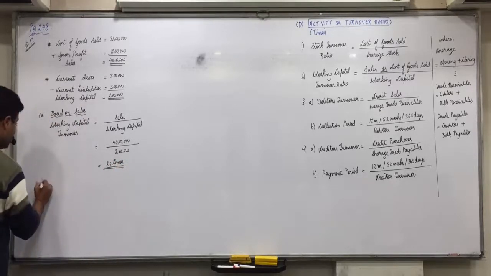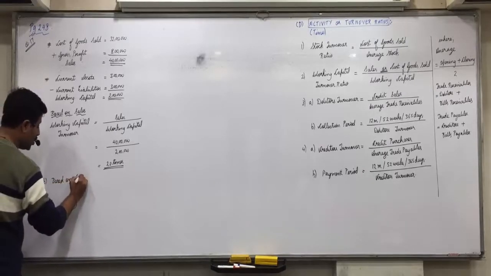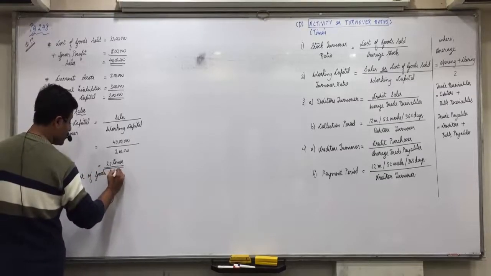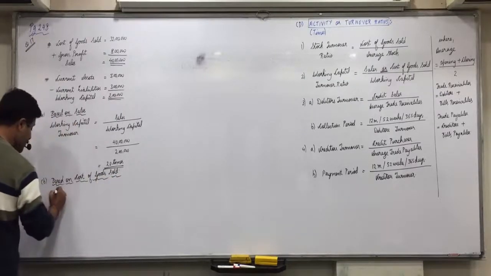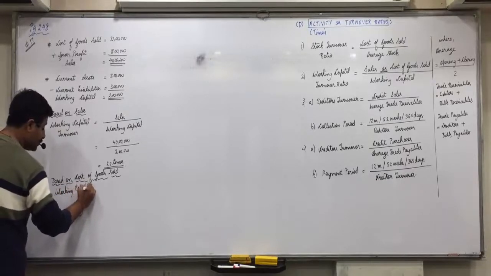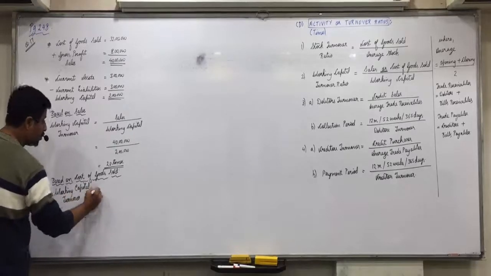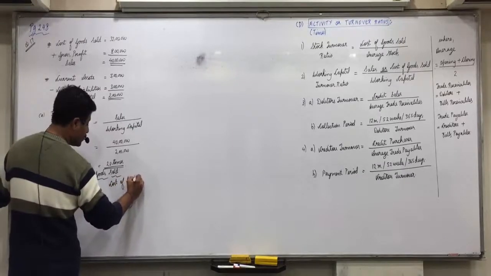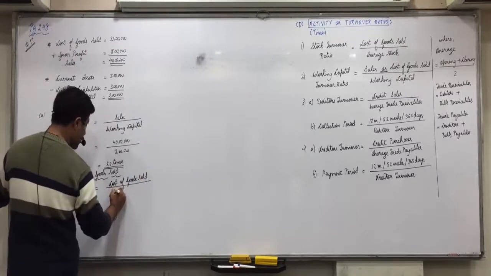And B, based on cost of goods sold, working capital turnover is equal to cost of goods sold divided by working capital.